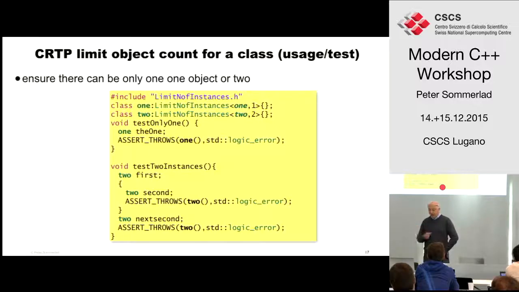So for example, in the test only one, we create one object, the one. And when we attempt to create another one as a temporary, for example, we assert that it will throw an exception, a logic error, and that actually happens. The test case will run green. So whenever we try to create another one object, it will throw.